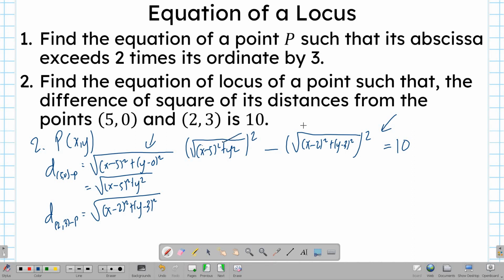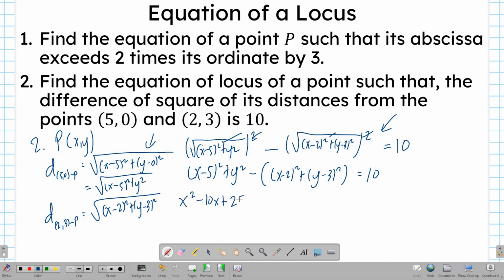Dahil naka-square yan, makakancel dito. So, we're going to have x minus 5 squared plus y squared minus x minus 2 squared plus y minus 3 squared. And that's equal to 10. We have to expand. So, therefore, we're going to have x squared minus 10x plus 25 plus y squared minus, let's first expand here, x squared minus 4x plus 4.